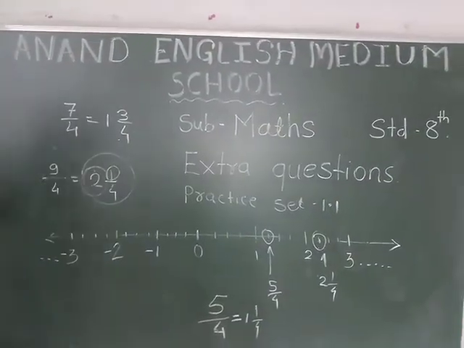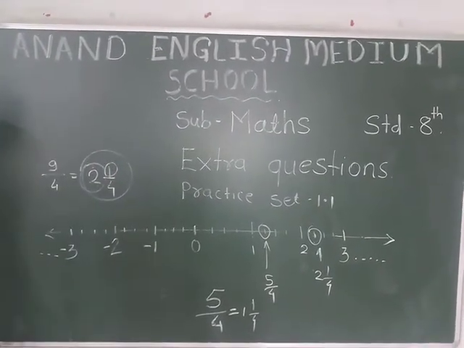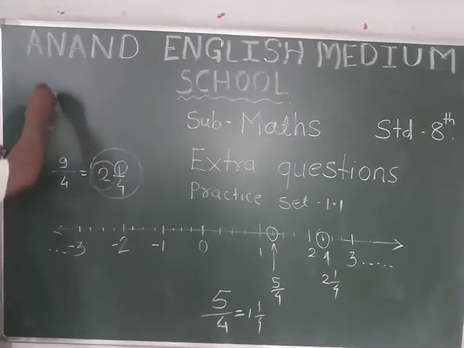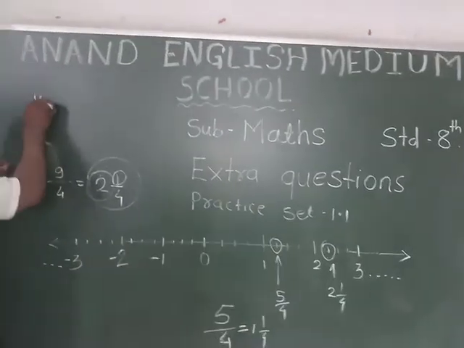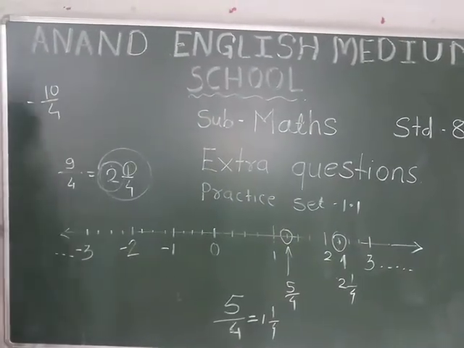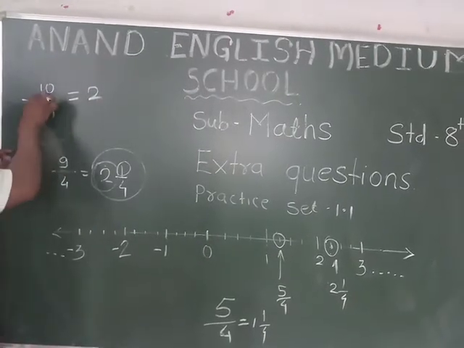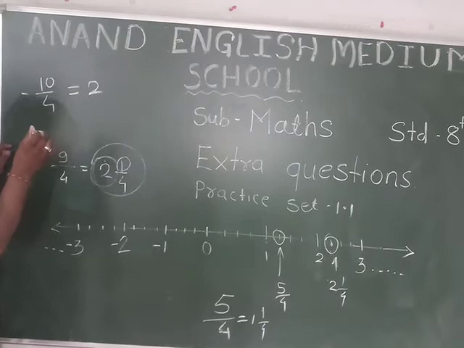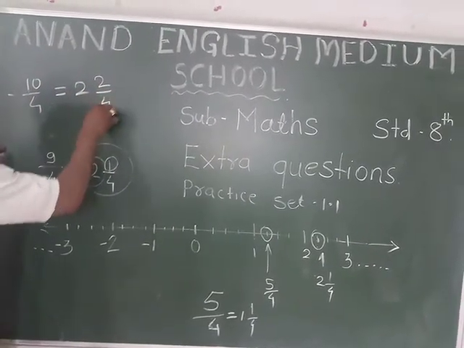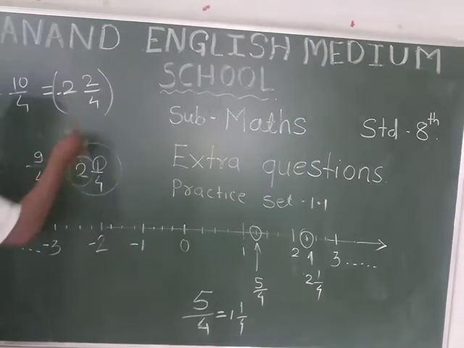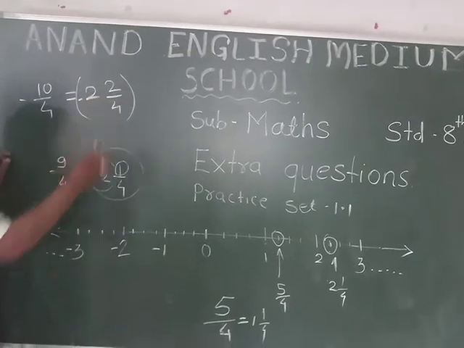Now if I say minus 10 upon 4, this can be calculated as 4 twos are 8 and after that 2 upon 4, and this is negative. That means minus 2 integer 2 upon 4.